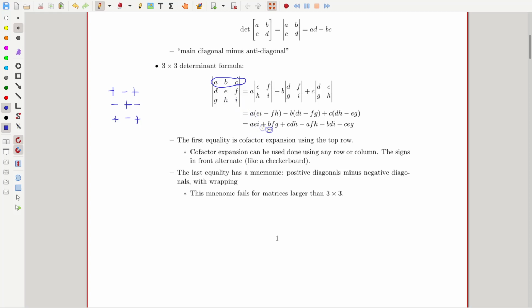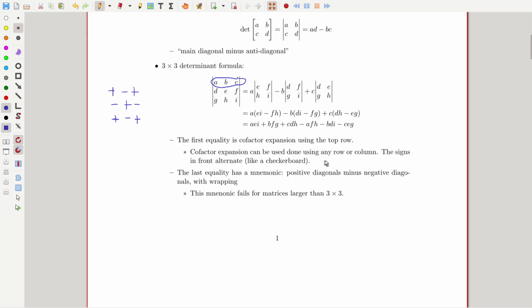BFG would be these three, and CDH would be these three. If we allow ourselves to wrap around the matrix, we can think of these as positive diagonals. And these last three behave in a different way.